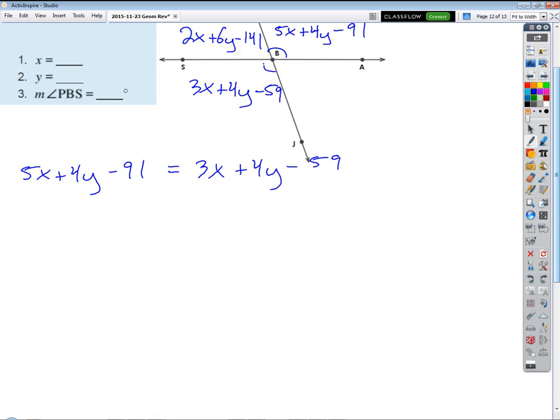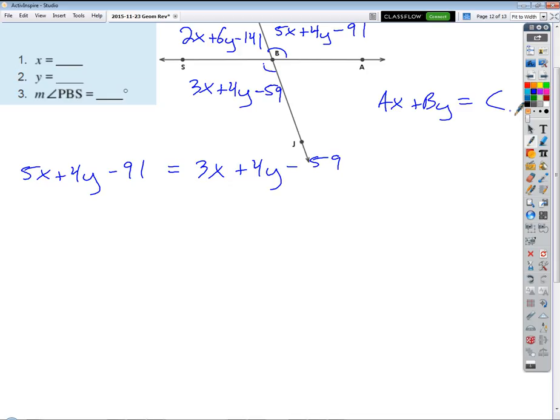When we're setting up equations to solve for both x and y, we can write them in any form, but if you think back to our algebra review at the beginning of the year, it was easiest for us to deal with these when we wrote the equations in the form some number times x plus some number times y equals a number. We call that standard form for a linear equation, not for quadratic, but for a linear equation. And so we want to get the x and y terms on the left maybe and the numbers on the right. Okay, so what does that mean we want to do then?